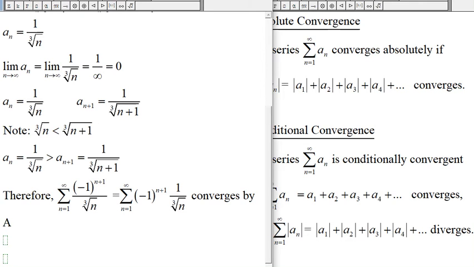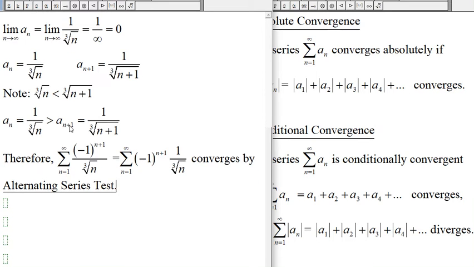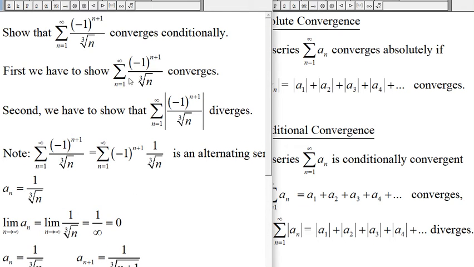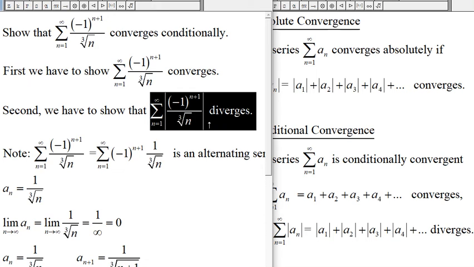By alternating series test. Now, that's the first part. So first we have shown that this converges, and now we need to show that this diverges.